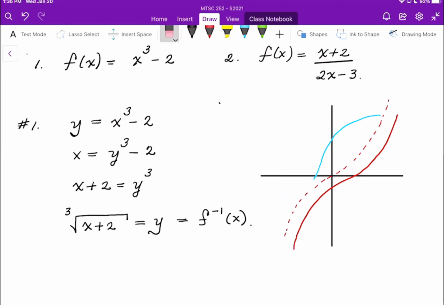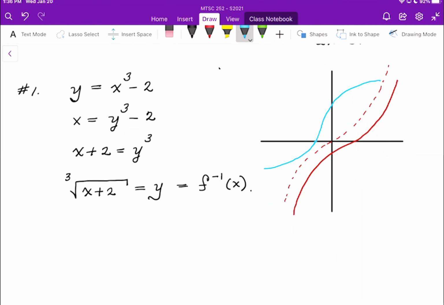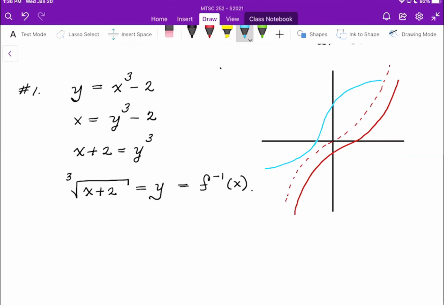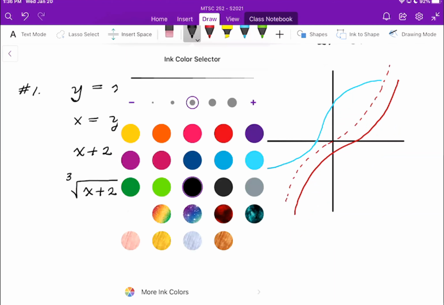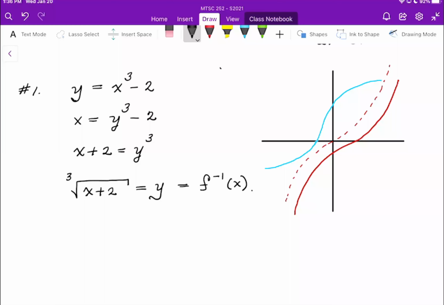But even if I didn't graph it, because it's a cube root, I can take the cube root of anything. So therefore, what's the domain for this function? I could write x is a real number. In other words, x is an element of the real numbers.